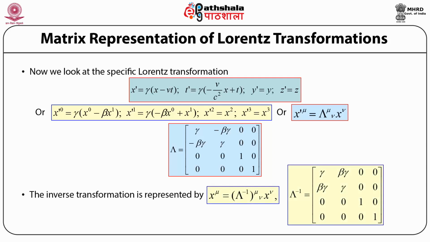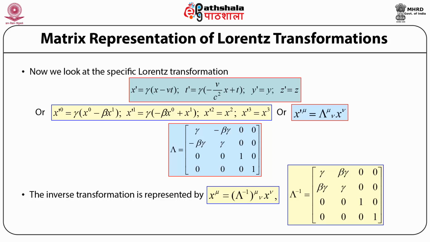The inverse transformation for the Lorentz transformations, or the inverse Lorentz transformations, can then be represented as x superscript mu is equal to lambda inverse superscript mu subscript nu x superscript nu, where the inverse Lorentz transformation matrix lambda inverse is given by a 4 cross 4 matrix whose first row is gamma, beta times gamma, 0, 0.